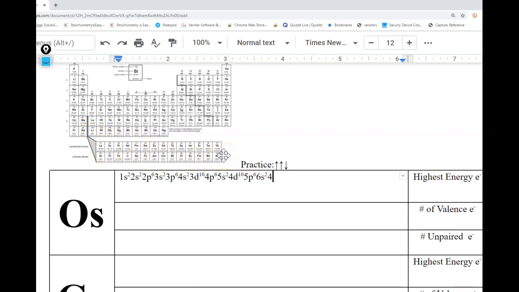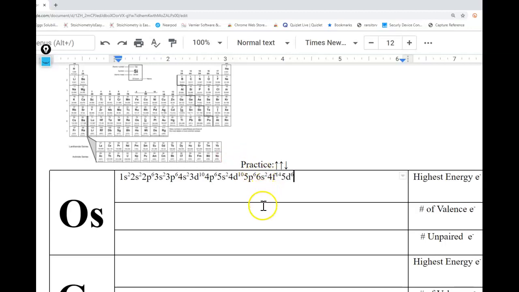So I'm going to fit in 4f14, and then I go to 5d, and I need to count my way over to osmium, which is 1, 2, 3, 4, 5, 6. It does show me as 5d6. Okay, and so that is osmium.